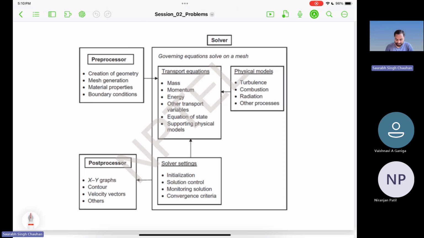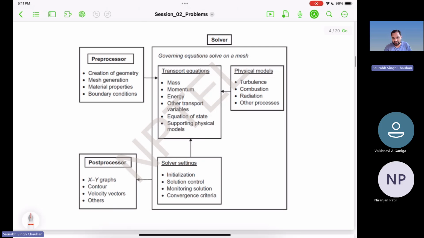In this week, basically we have covered the governing equations, so we will try to solve some problems related to those governing equations. And I will request that if you have any problems in fundamentals of fluid mechanics, then please ask your doubts here or please refer to any good textbook for fluid mechanics.